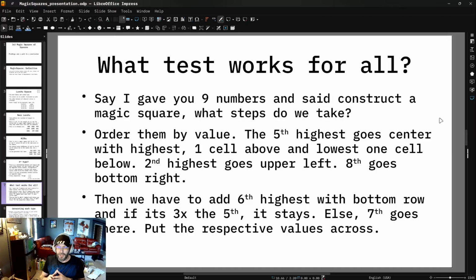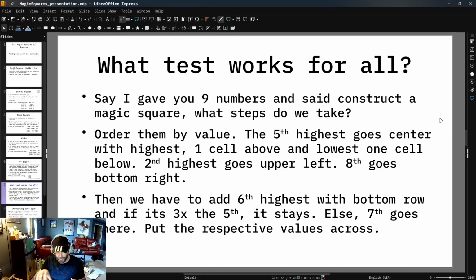And then we can guarantee that the bottom right and the upper left would be the second highest, so one value above our bottom center. And then our 8th highest, one value below our top center, would go in the upper left and lower right, 2 and 8.